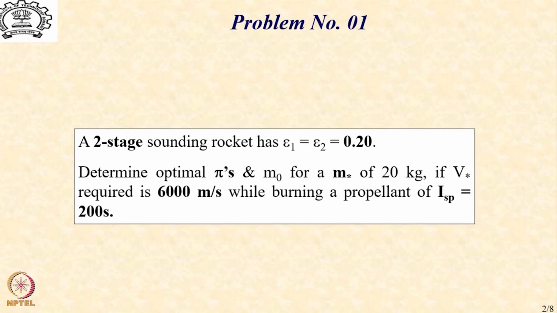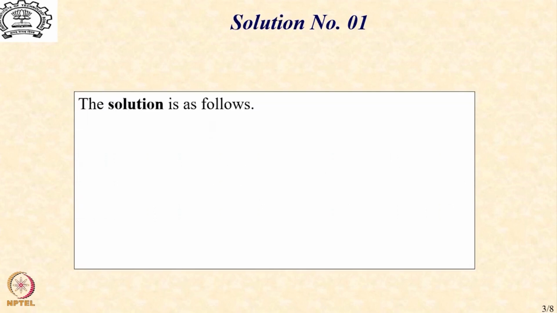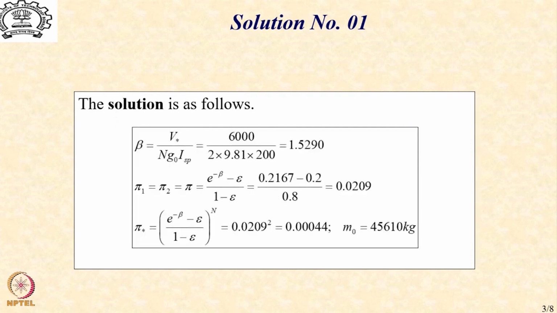Let us try and determine the optimal stage payload ratios, that is pi's, and the liftoff mass m0 for an m star or the payload of 20 kg, if the ideal burnout velocity required in this case is 6000 meters per second and it is burning a propellant of ISP equal to 200 seconds. So let us start the solution.